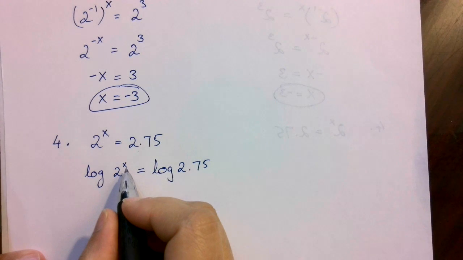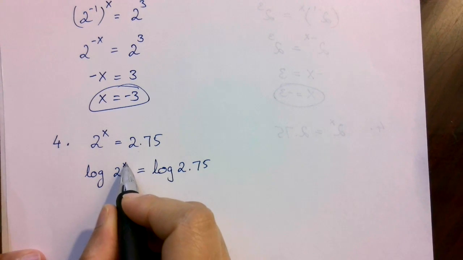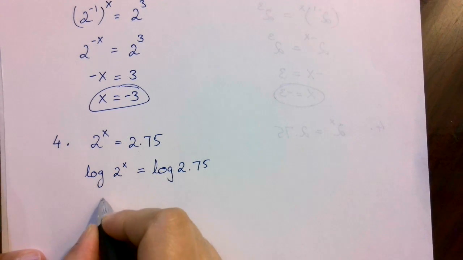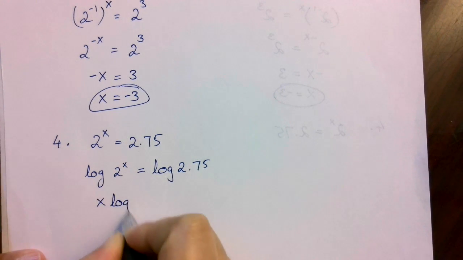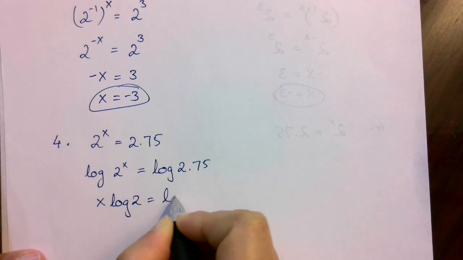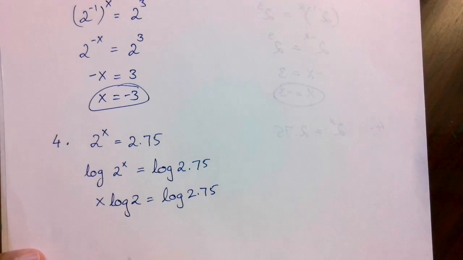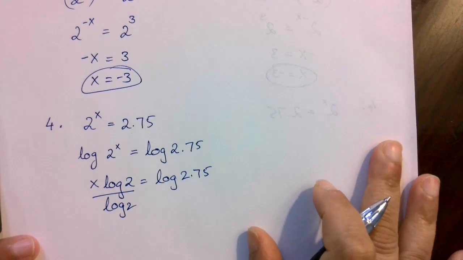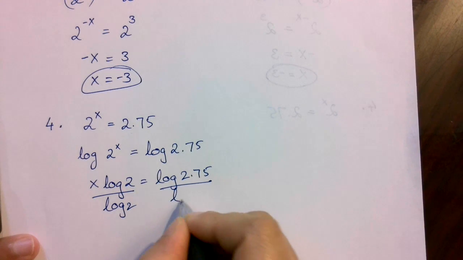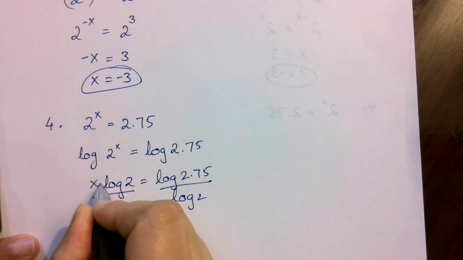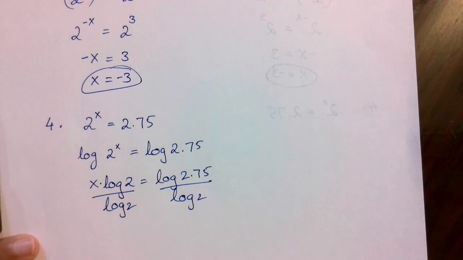We can use our power rule and move that exponent in front of the log. That gives you x log 2 equals log 2.75. Divide by log 2 on both sides. We are just using inverse operation now, because this was x times log 2. So we divided by log 2.